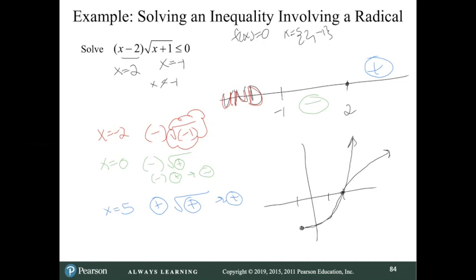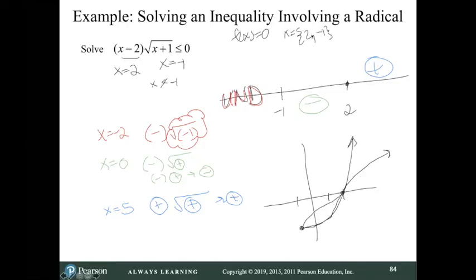It could be doing something like this, right? It doesn't tell me the concavity. It doesn't tell me whether it's increasing or decreasing between those points, or if the slope is increasing or decreasing, or anything like that. All it tells me is when the graph will be positive or negative. In this case, in case you're curious, the graph actually looks like this kind of shape. But again, that's not what the question is asking.